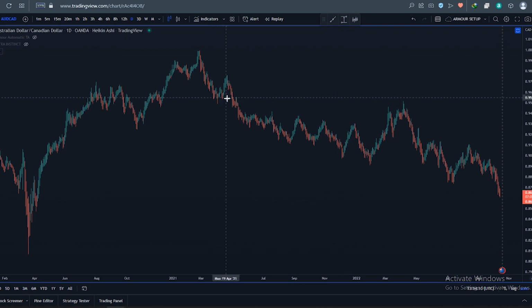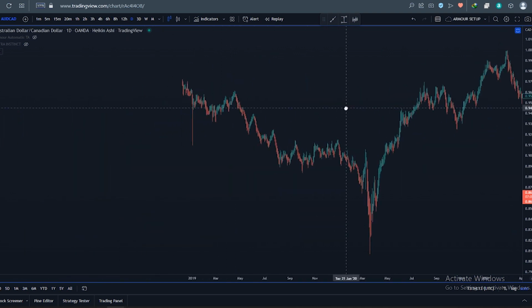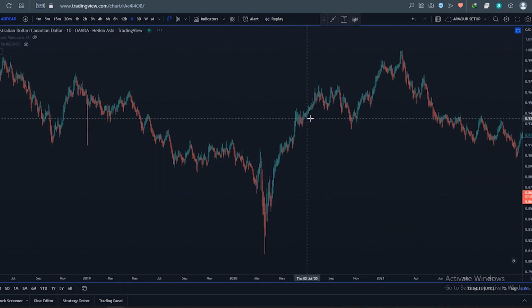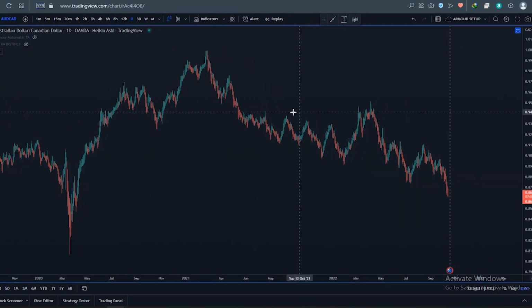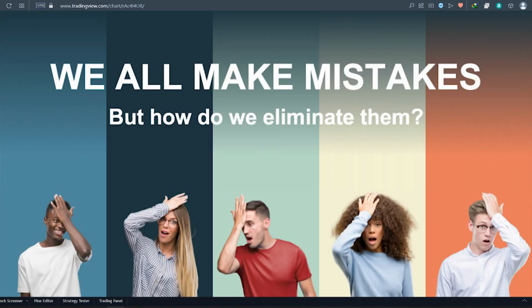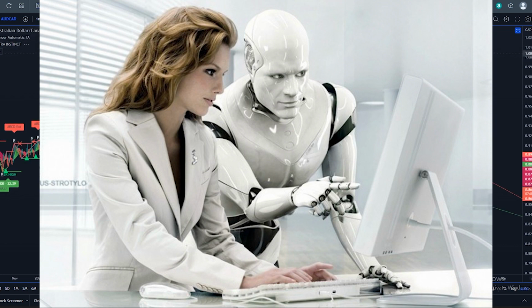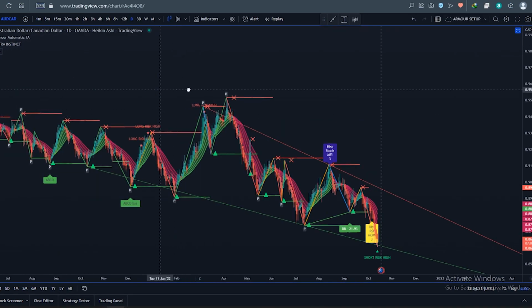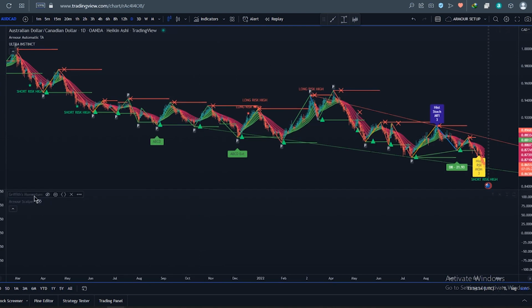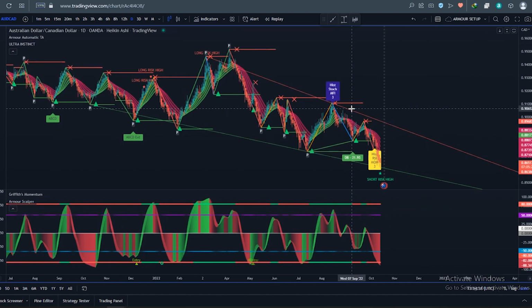You ask any human, and humans make mistakes, but software does not make mistakes. Artificial intelligence never makes mistakes. So just for your peace of mind, load Armor on your screen, get the accurate signals, and start trading.